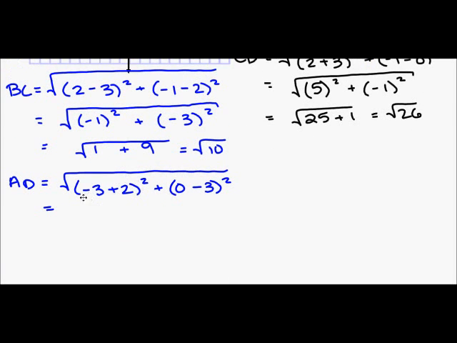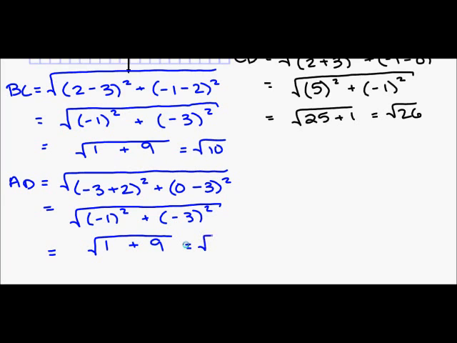So negative 3 plus 2 gives me a negative 1. And 0 minus 3 is a negative 3. Okay. And negative 1 squared is a positive 1. Negative 3 squared is a positive 9. And this gives me the square root of 10.